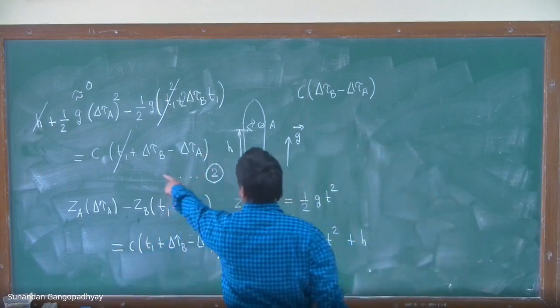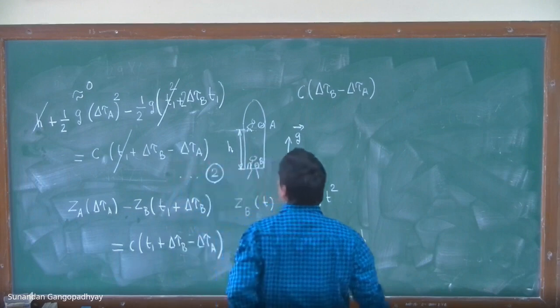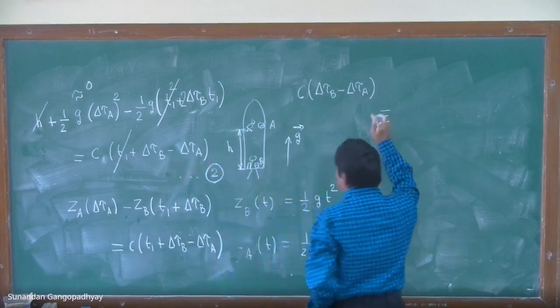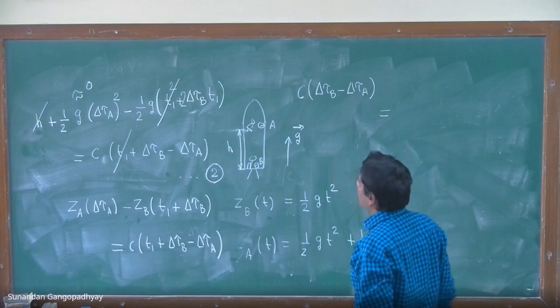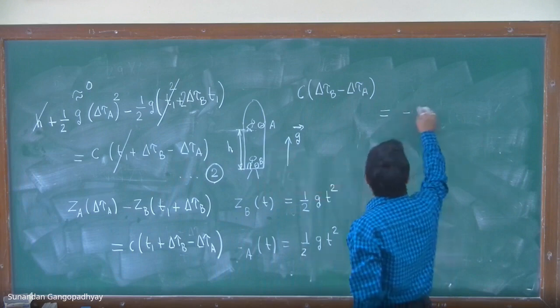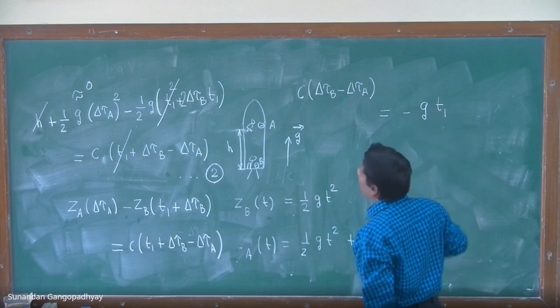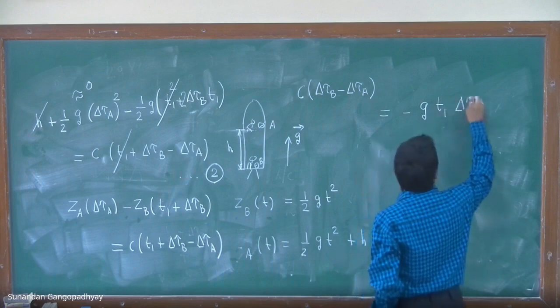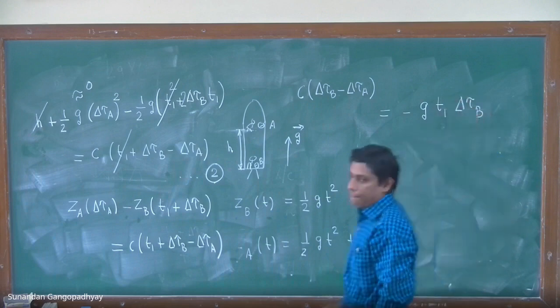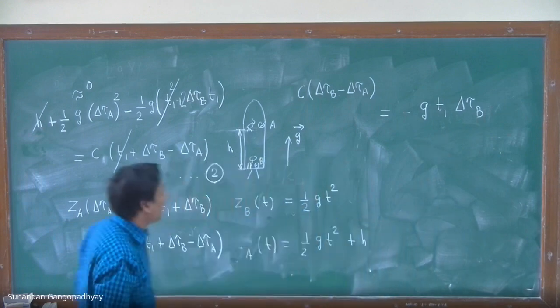So c (delta tau B minus delta tau A) is equal to, with approximations, minus g t1 delta tau B. It's a very nice equation that you get.